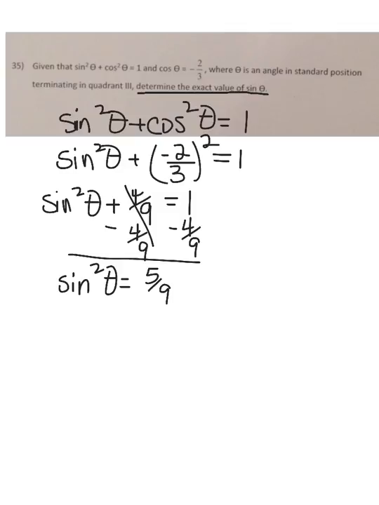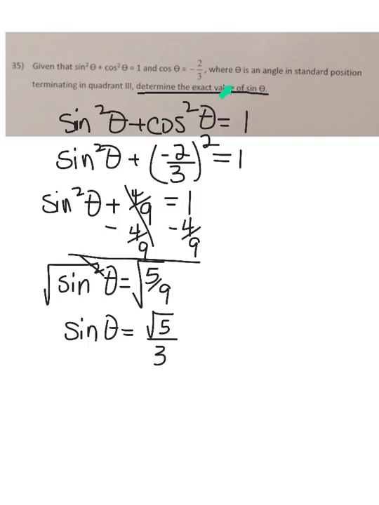Okay, I don't want sine squared though, I want sine, so I'm going to take the square root. That will cancel out my squared. And the square root of 5, which is just the square root of 5, over the square root of 9, which is 3. Okay, now, remember exact value.